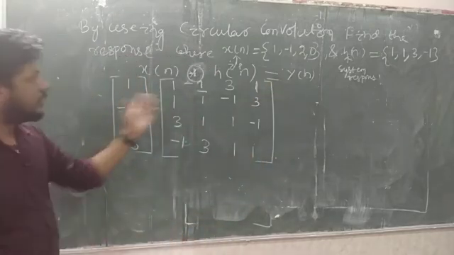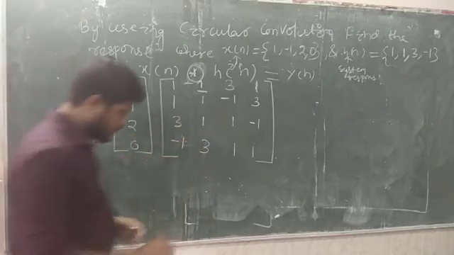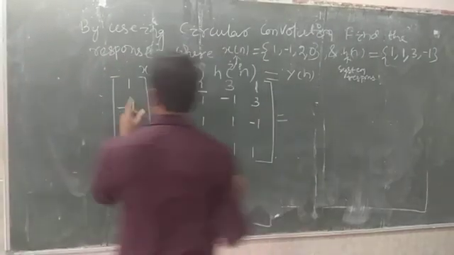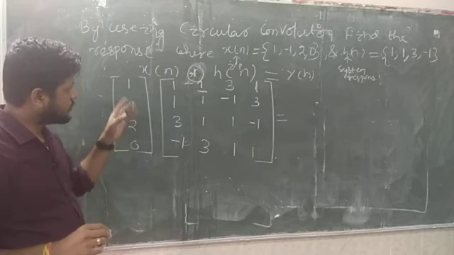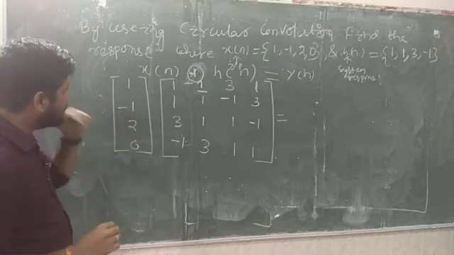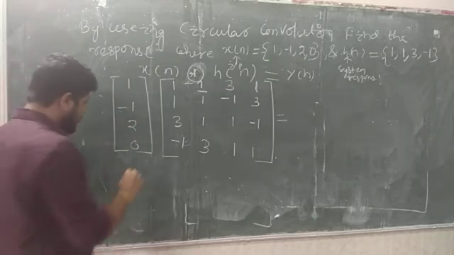Then you have general matrix multiplication. Just multiply it, and that will give you the result of the circular convolution.